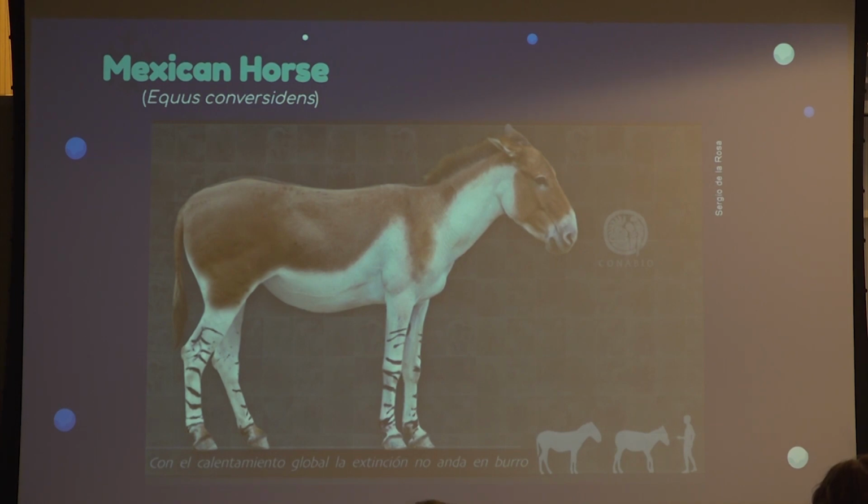There was probably another species of horse during this time, but it's really hard to tell with their remains what is just normal variance between a population and what's actually a different species.